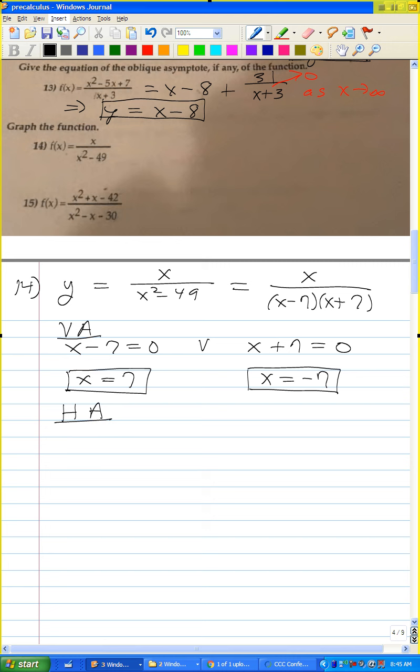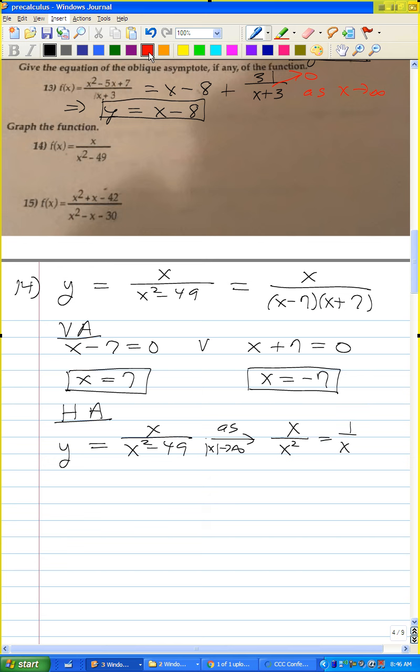I have here that y is equal to x over x squared minus 49, and so this approaches, for x large, the same as x over x squared, which is 1 over x.